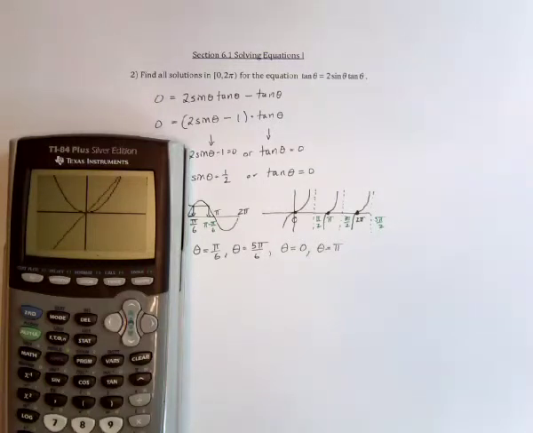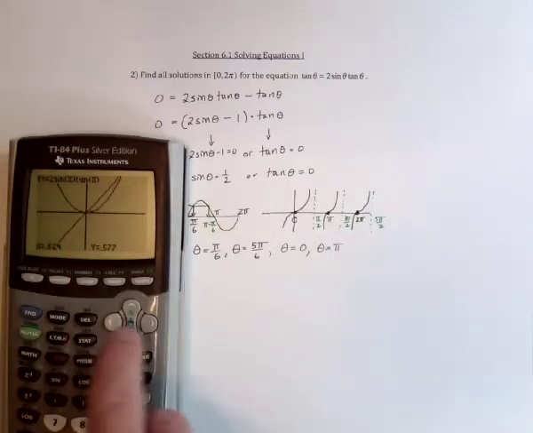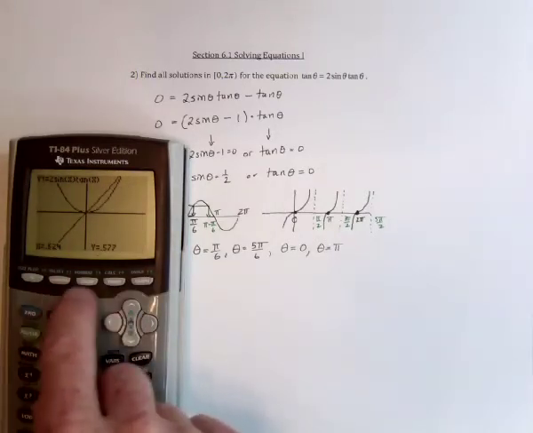So it's 0, and then that one should be at pi over 6. So trace 0, yes, pi divided by 6 is up there.